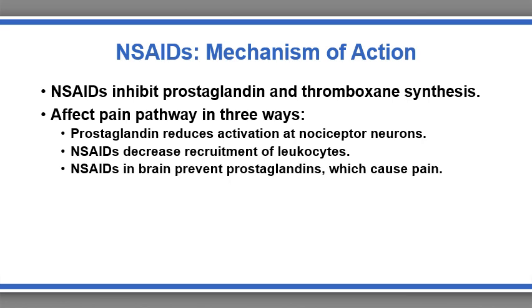NSAIDs in the brain also prevent prostaglandins, which cause pain. So NSAIDs that cross the blood-brain barrier can prevent those prostaglandins that act as pain-producing neuromodulators in the spinal cord dorsal horn. So these are all the different ways that pain could effectively be diminished as a result of utilizing NSAIDs.